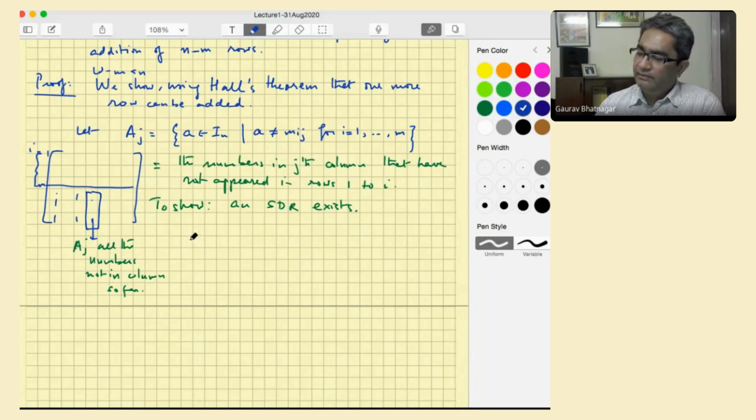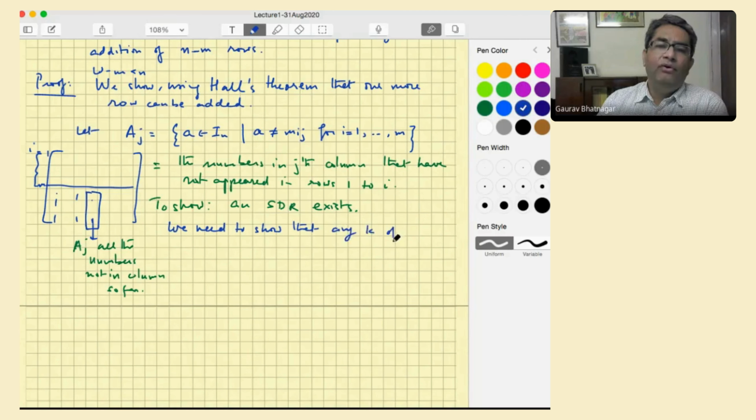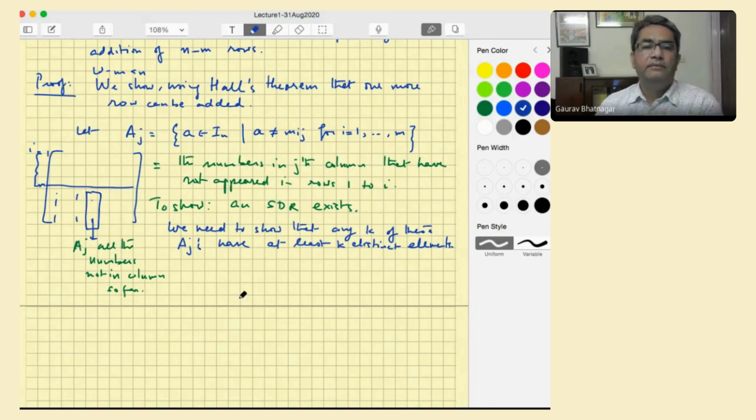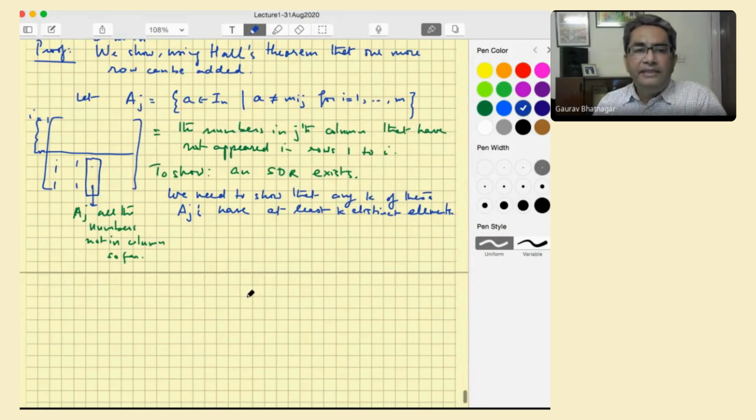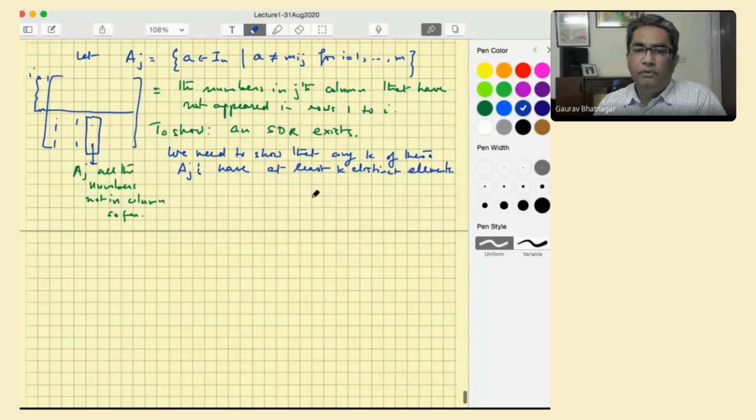We need to show that any k of these A_j's have at least k distinct elements, right? So then only we will be able to do that.